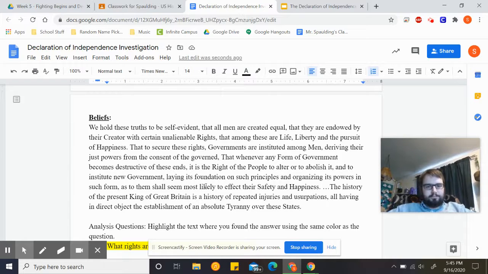Laying its foundation on such principles and organizing its powers in such form as to them shall seem most likely to effect their safety and happiness.